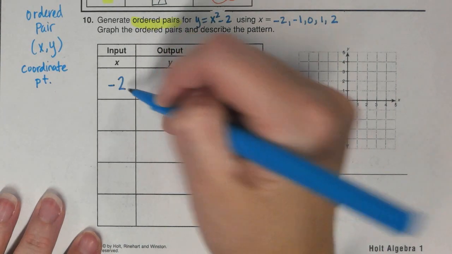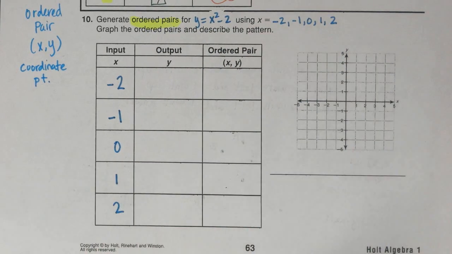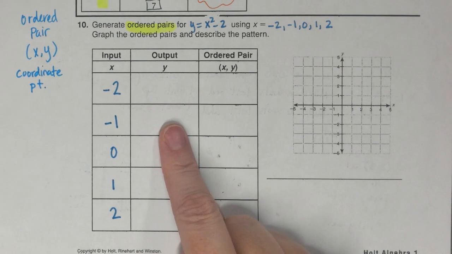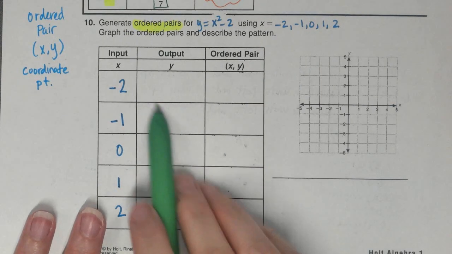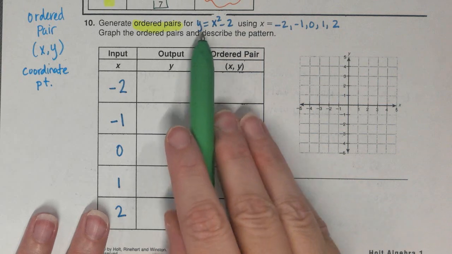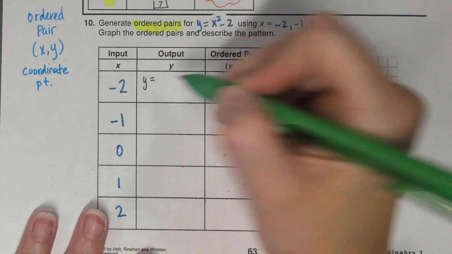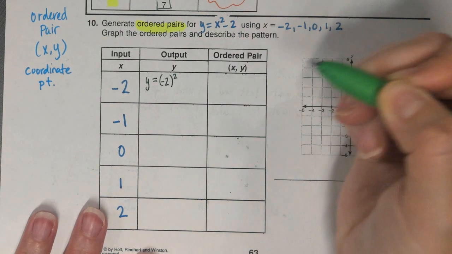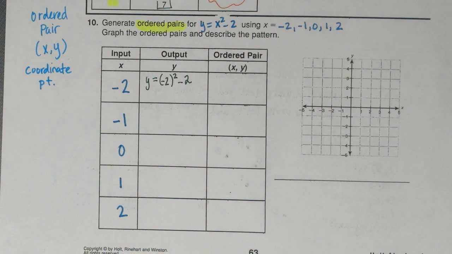So we have -2, -1, 0, 1, 2. I'm going to do the first one with you, and then I'm going to have you do the second one. So for your output, your y, in this box, I need to see your plug-in steps. So it's y equals, and instead of x, that's where we put the -2. And then we have to do our order of operations.